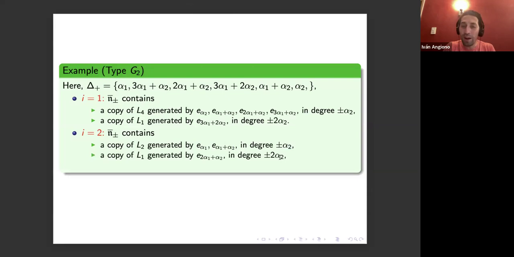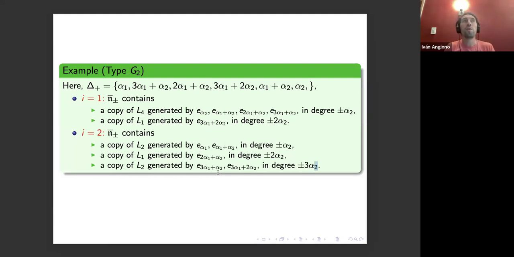In degree 2 alpha 1, you have only one thing, because you have only one root with 2 alpha 1 plus something. And here you have something in 3 alpha 1, because you have 2 roots of the shape 3 alpha 1 plus something. So it is quite interesting, because you have something in degree 0, in degree alpha 1, 2 alpha 1, 3 alpha 1, and the same down.